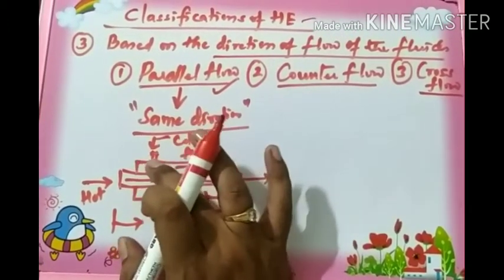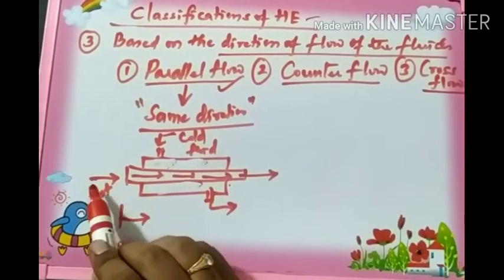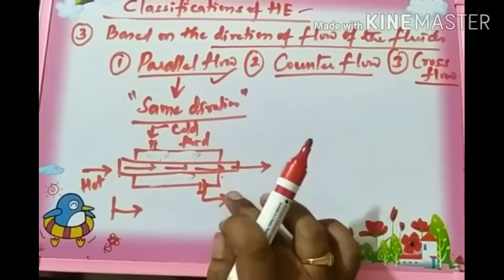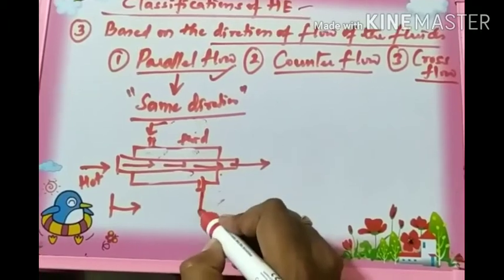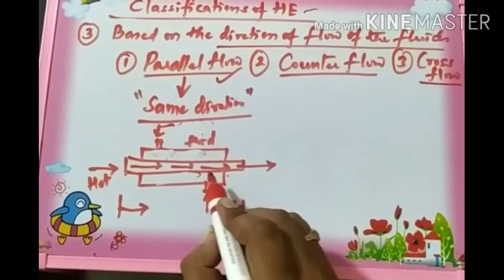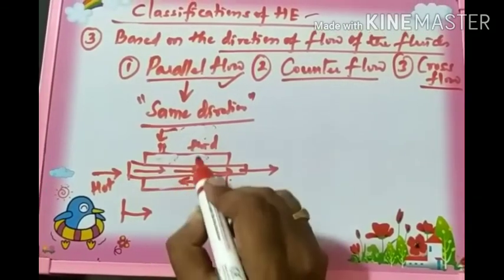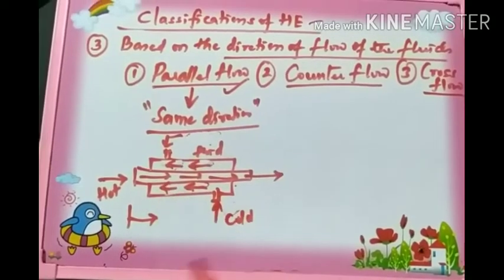I will keep the direction of the hot fluid the same, but I will change the direction of the cold fluid. I'll make the cold fluid enter from this end, and it will flow in this direction, again around the tube.